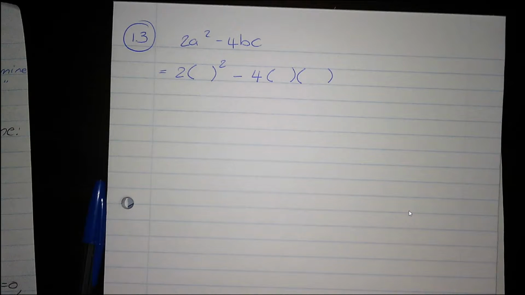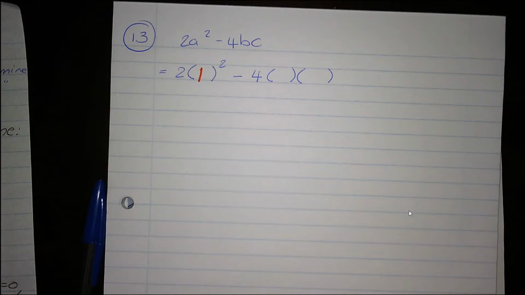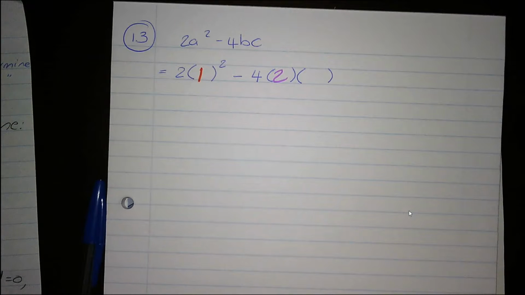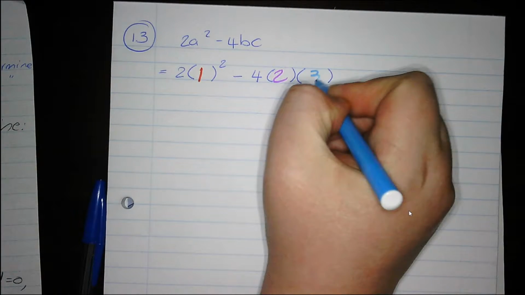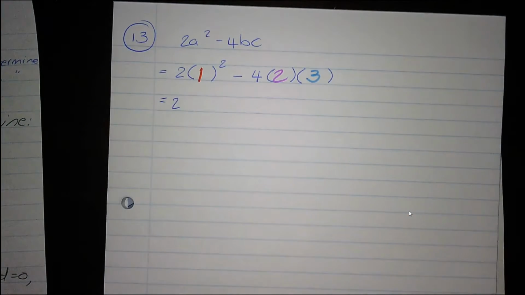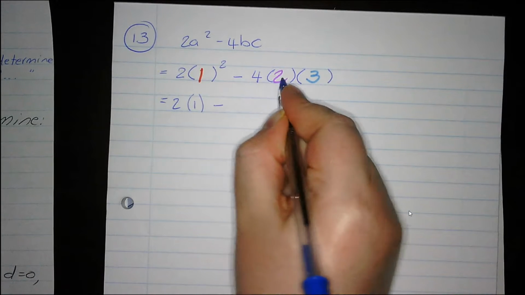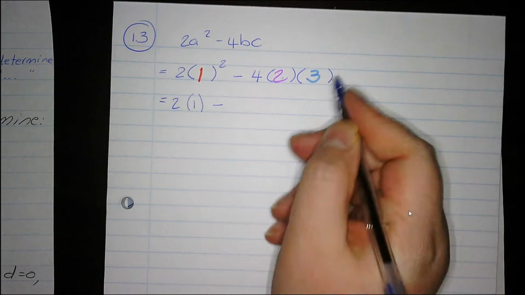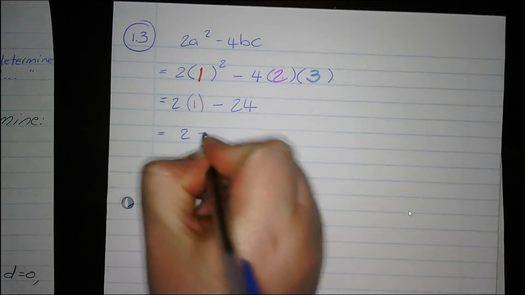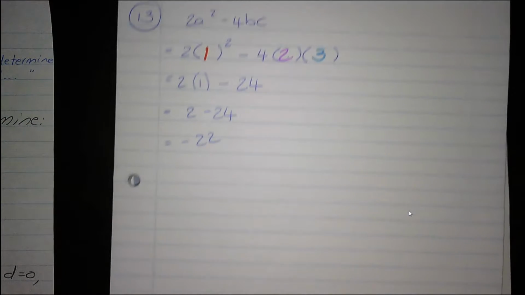In the place of a, I had 1, in the place of b, I had 2, and in the place of c, I had 3. Now, that's going to be 2 times 1 squared is 2, minus 4 times 2 is 8, times 3 gives me 24. So that's 2 minus 24, which is equal to negative 22.